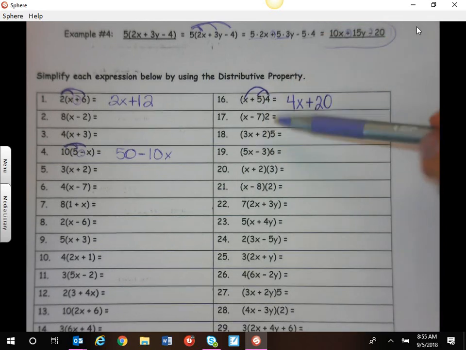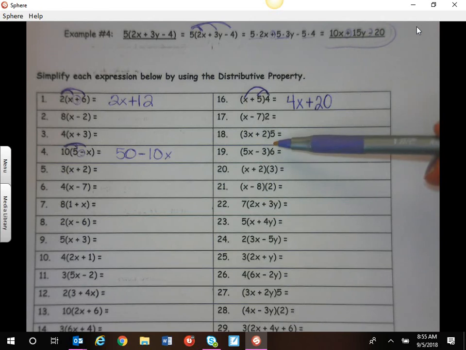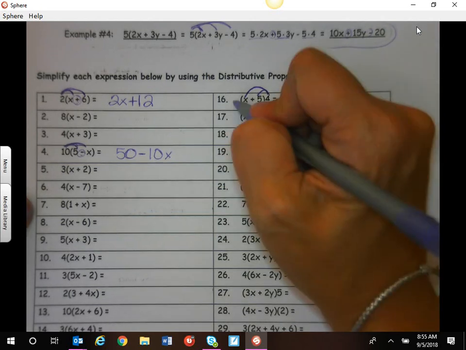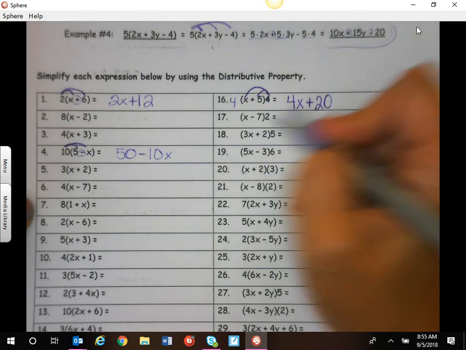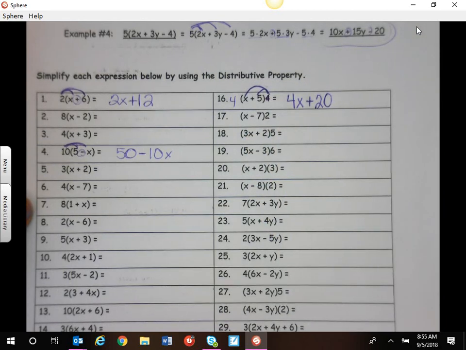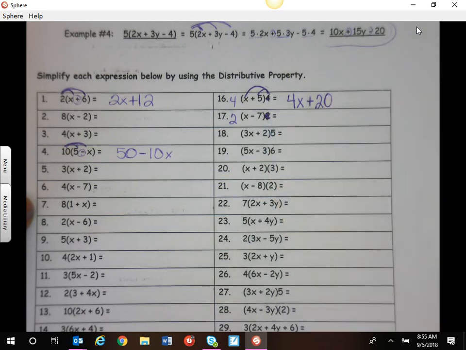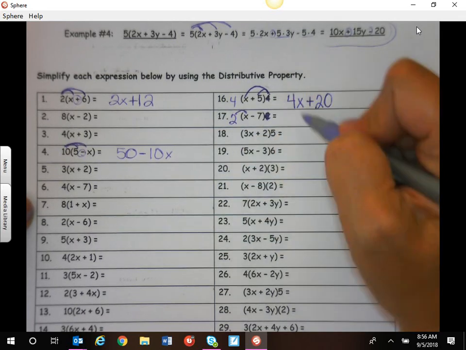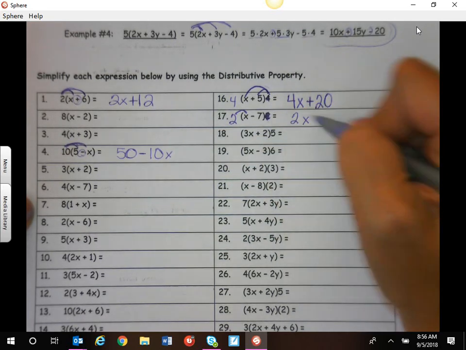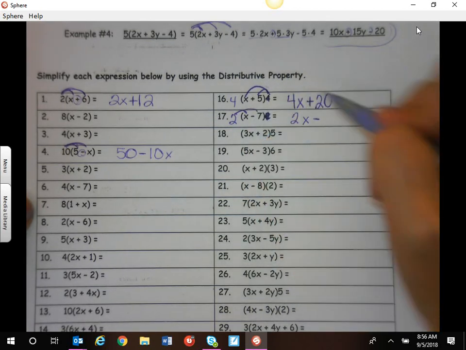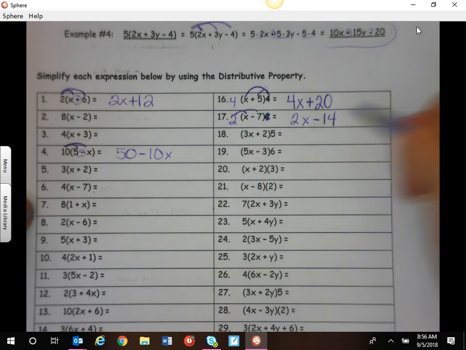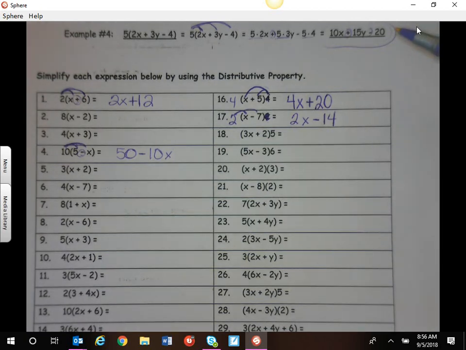So just because it's at the back, that doesn't change how we do things. If you really wanted to, you could write it at the front, and you can go this way. So if I move my 2 here, it would still mean the same thing. So 2 times x is 2x. Here's my symbol. 2 times 7 is 14. And you're done. You can't do anything else with it.